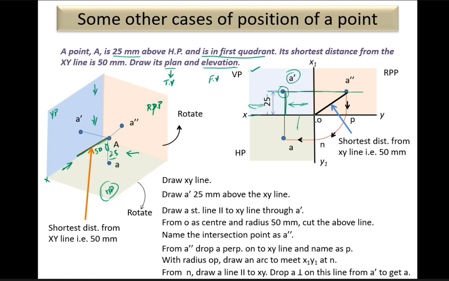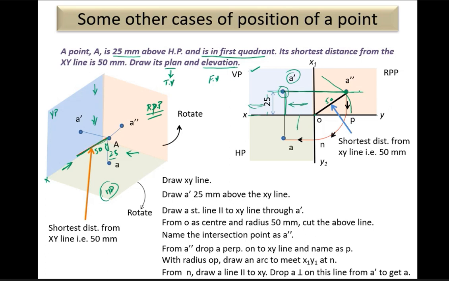We draw our 50 arc somewhere here, and it will cut the line which we have made 25 mm offset from our XY line. So this is the point we get in RPP. Correct?